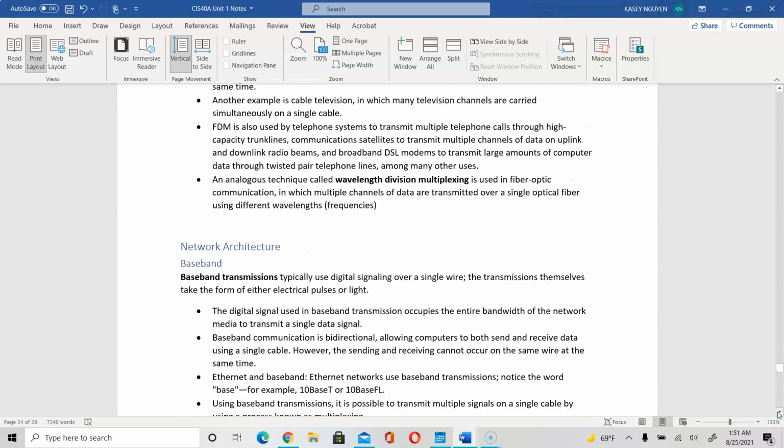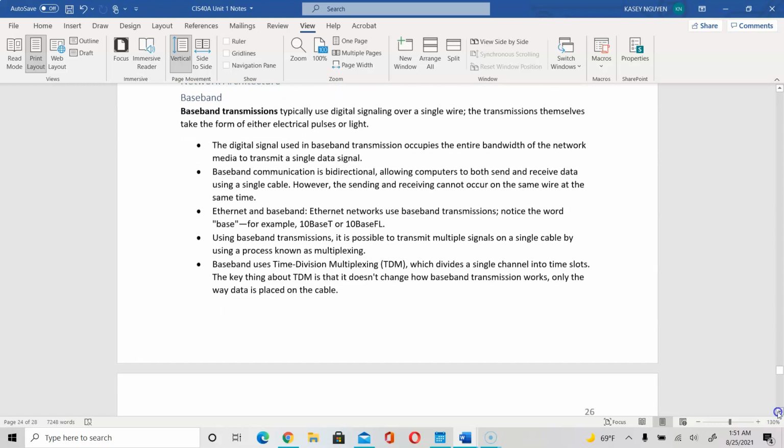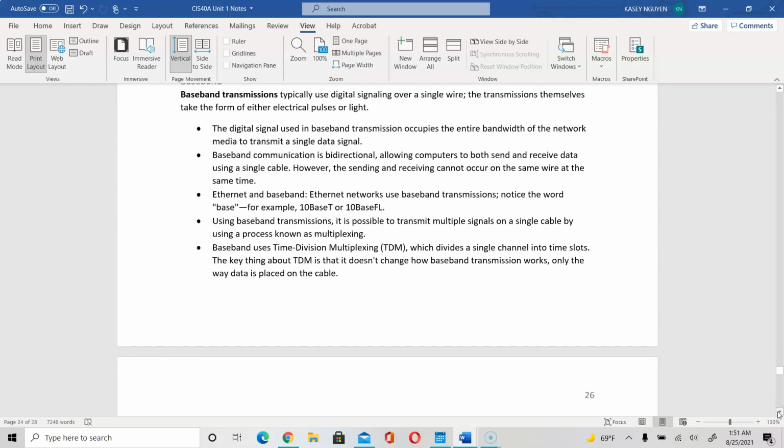So baseband transmission uses digital signal over the wire. And when you're looking at fiber optic, then that will be pulses of light, where if it's copper like coaxial or twisted pair, then that would just be electrical pulses to represent the digital information.